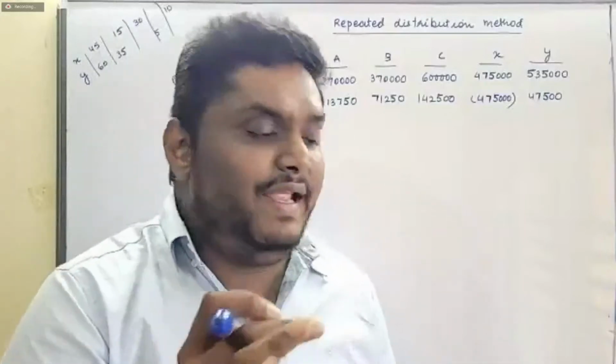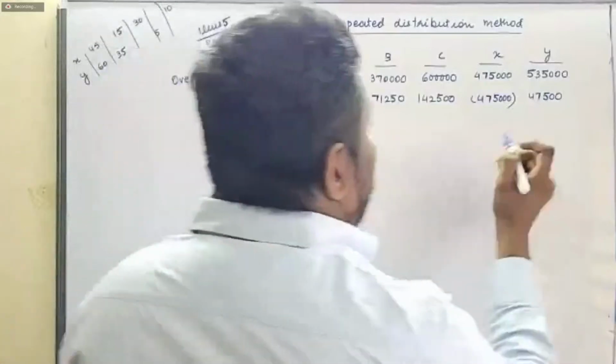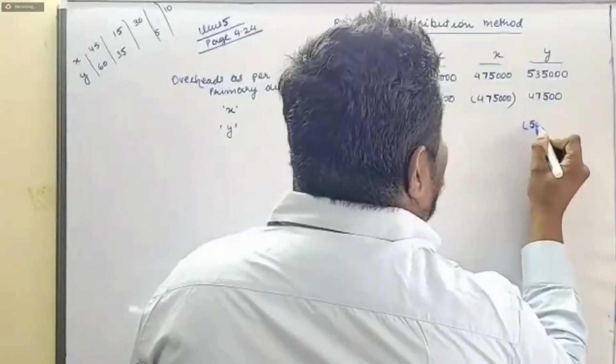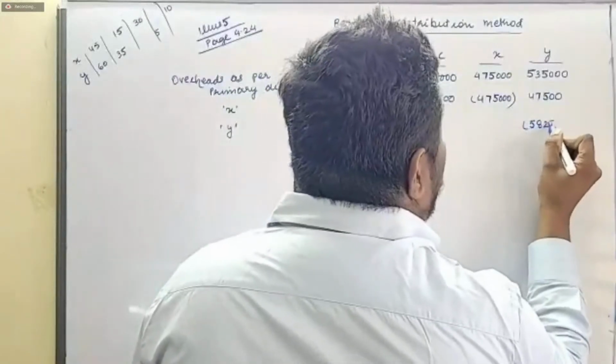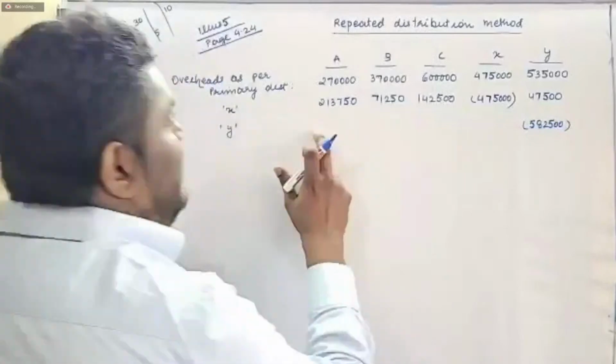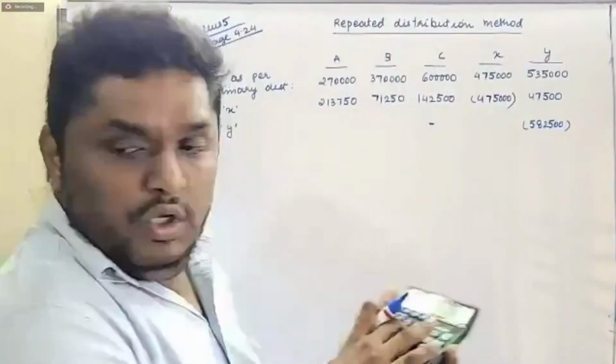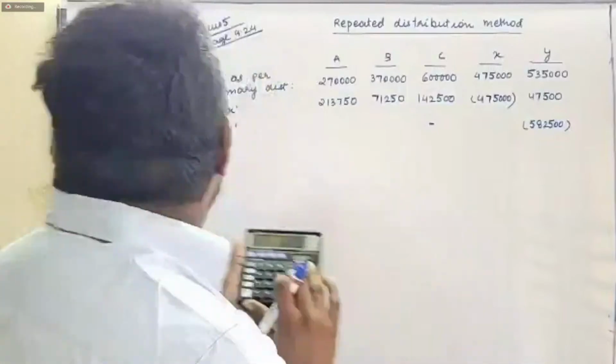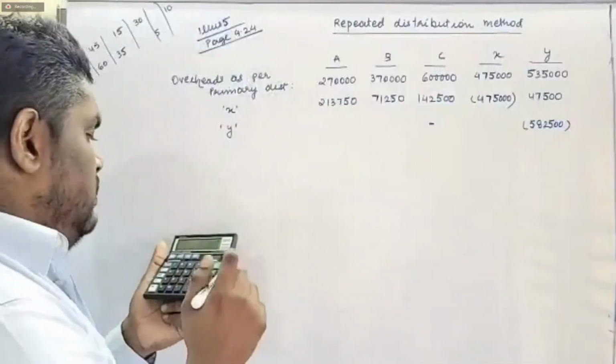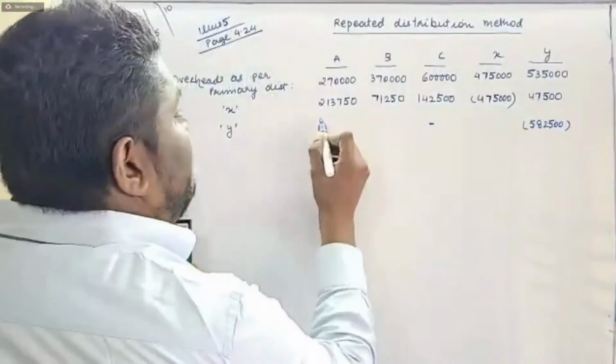This is 5,82,500. This 5,82,500 will be distributed to A, B and X. So 582,500 into 60%. So this will be 349,500.